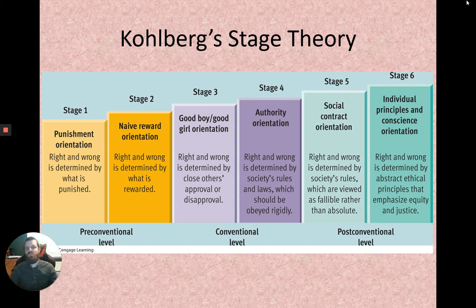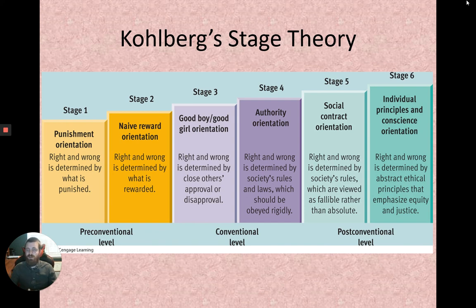However, this time laws are viewed as fallible rather than absolute, which means you could think of a scenario where somebody could probably violate the law and that would be okay. So it means that there's some gray area. You might understand how you could justify doing something wrong for the greater good. Think about like the Robin Hood mentality. You steal from the rich and give to the poor.